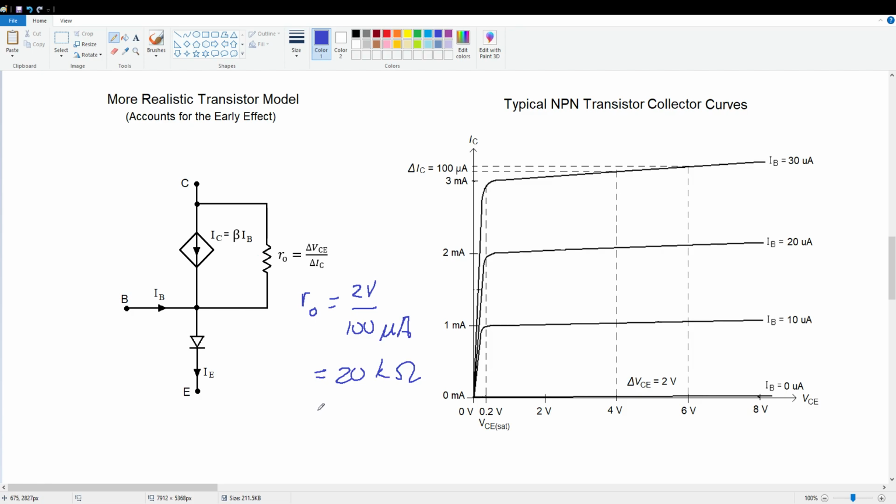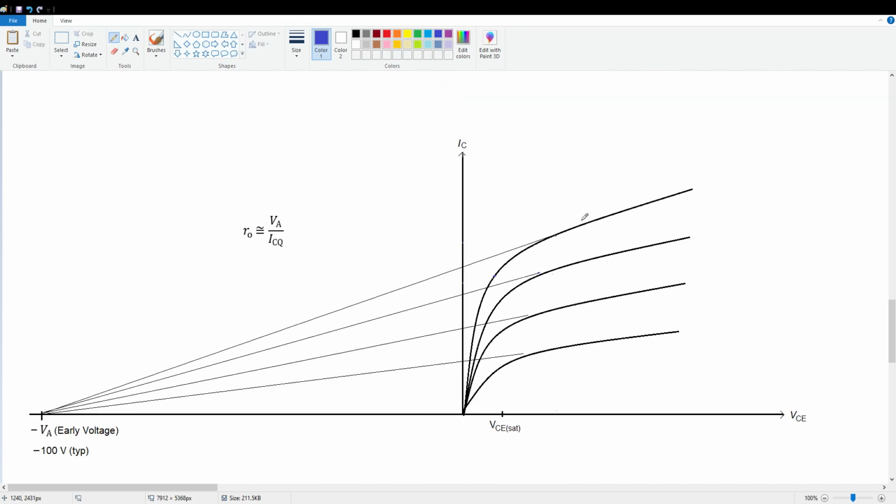All right, now the tilting of these curves, as I said before, as we go up, the tilt gets more and more pronounced. They get steeper and steeper. If we exaggerate that a little bit, we come down here, we get this. Notice that if I project the collector curves back, they intersect the VCE axis at a common point back here, and that is called the early voltage for the transistor.